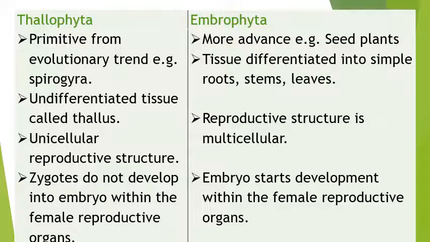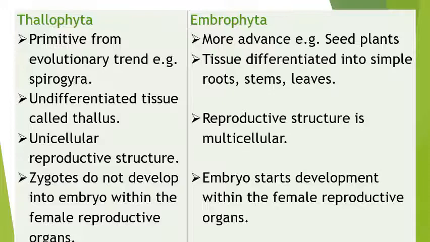Now let's see the differences between the Thallophyta and Embryophyta that make us classify them into different groups. In Thallophyta, you find out that they are primitive from an evolutionary trend. Like I said the other time, examples of them are Spirogyra, Volvox, Chlamydomonas, those plants that have no differentiated tissues.